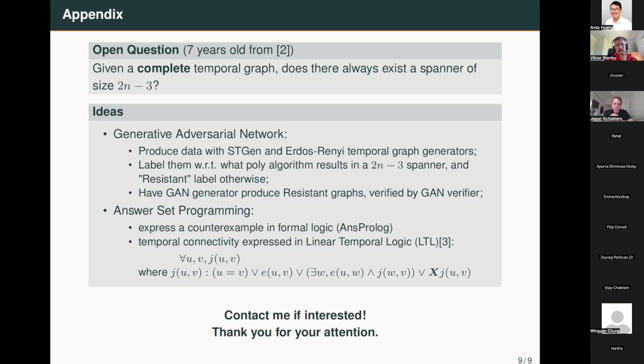And the size would be 2n-3 edges. So the motivation here comes from experiments, but also some results on random Erdős-Rényi graphs, in which this result seemingly pops up out of nowhere. So it has both an experimental motivation, but also a theoretical motivation.